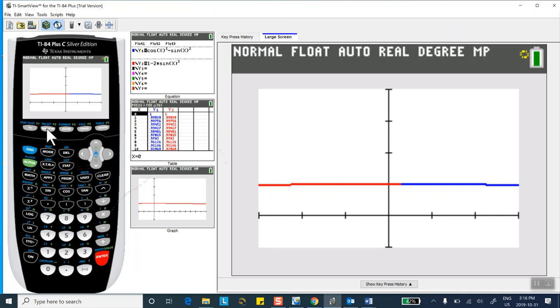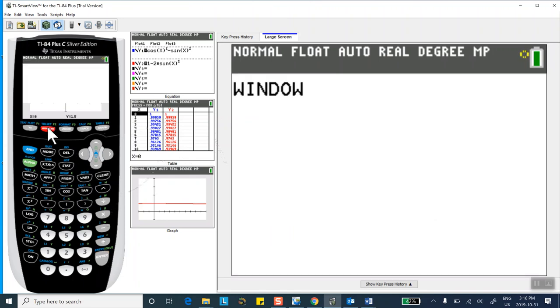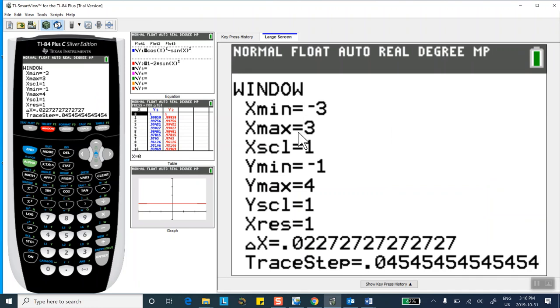Let's go to window. Minus 3 to 3. Okay, so enter. I think it's this scale I have to change, so I'll do 0.1. Now graph it.